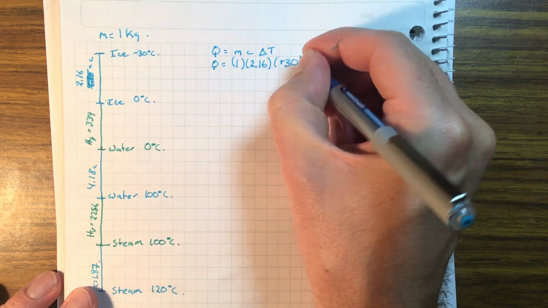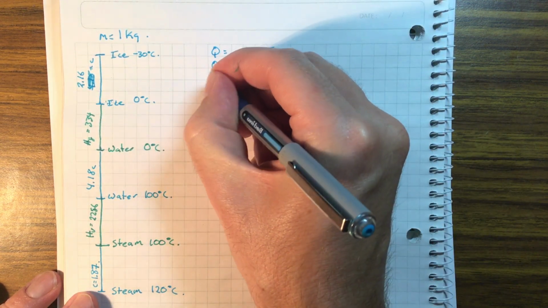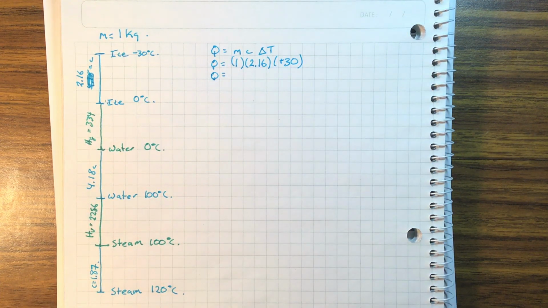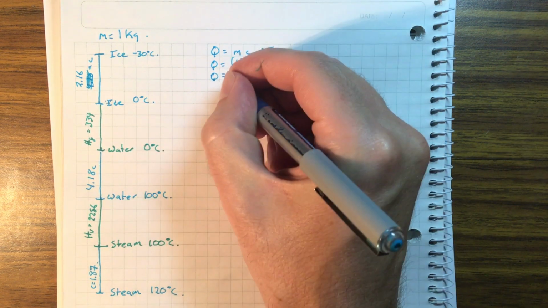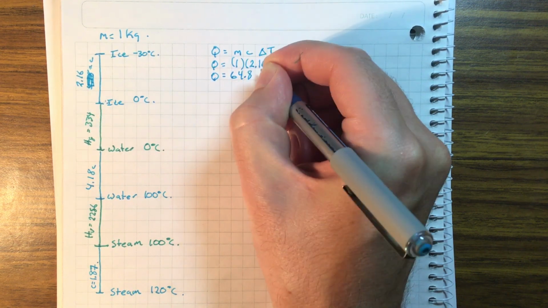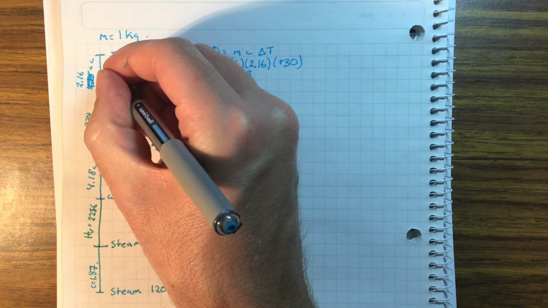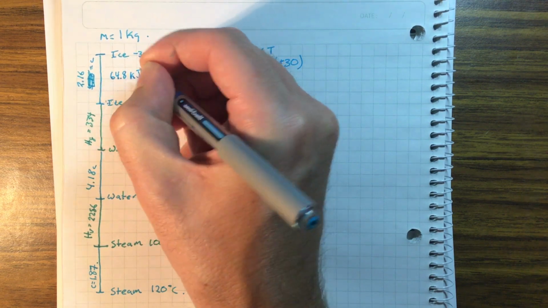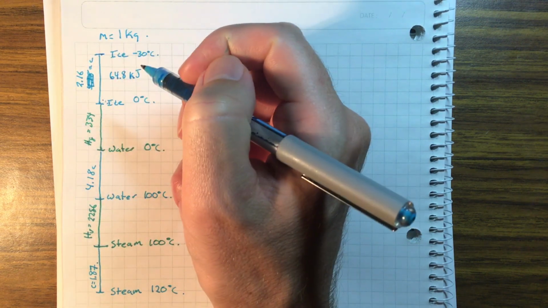Our temperature change is 30. And our Q is equal to, well, whatever that is. 2.16 times 30, 64.8. So we have to add in 64.8 kilojoules to get from here to here.